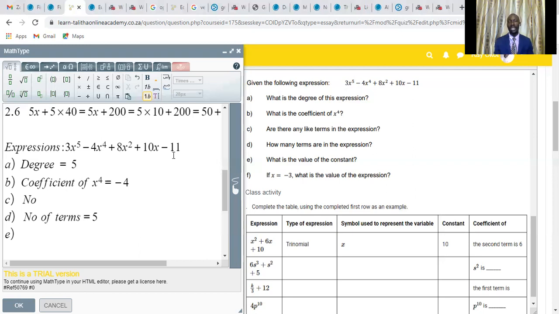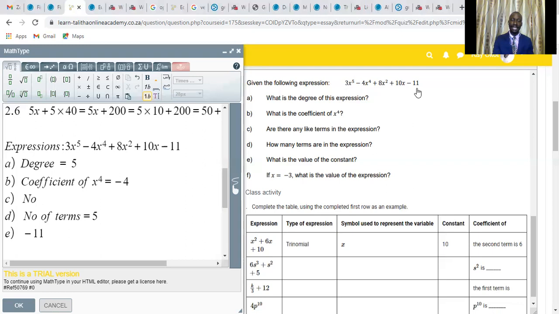What it means is that this term does not change. The terms where you find x can change; they vary depending on x. If x is 1, that quantity is multiplied by 1. If x is 2, the quantity is multiplied by 2, and for x being 3, by 3. And so for this question, the value of the constant is negative 11.